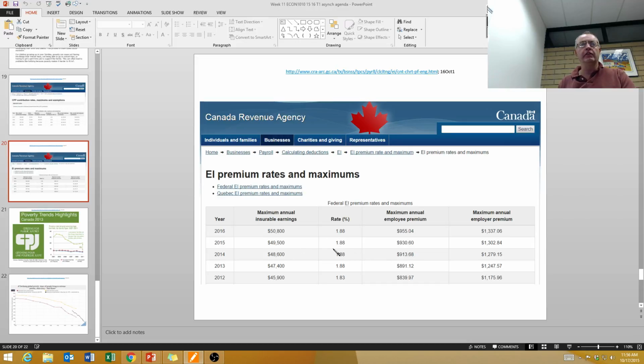In 2015, the employee contribution is 1.88% of our earnings, and the employer's rate is 1.88 times 1.4, 140% of the employee contribution, so that's about 2.63% that the employer kicks in to EI.